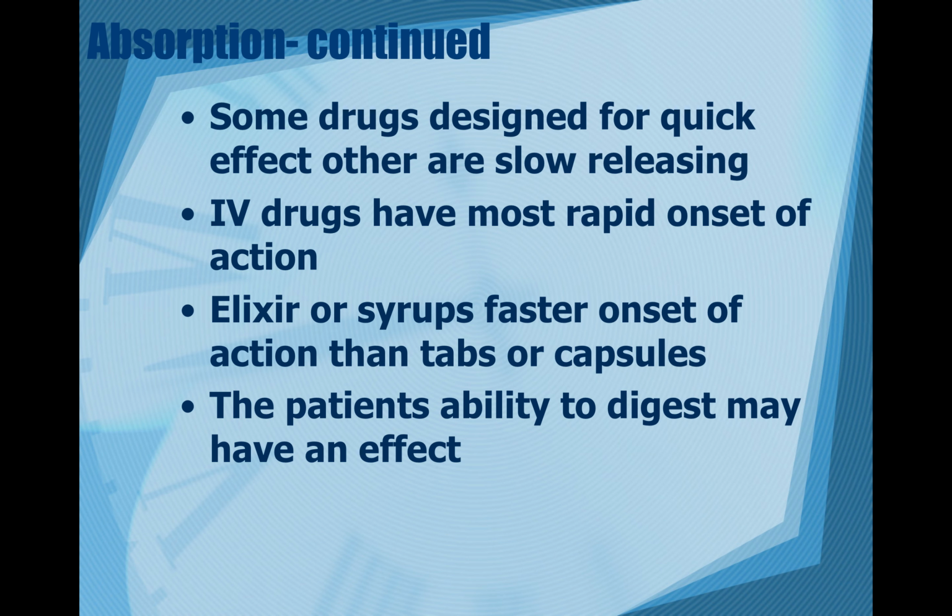Additionally, the patient's digestive abilities or the status of their gastrointestinal tract plays a role in the rate of absorption. So for example, if somebody has a problem with bleeding active ulcers in their stomach or small intestine, the mucosal membranes that are healthy to allow absorption to occur are going to be limited.